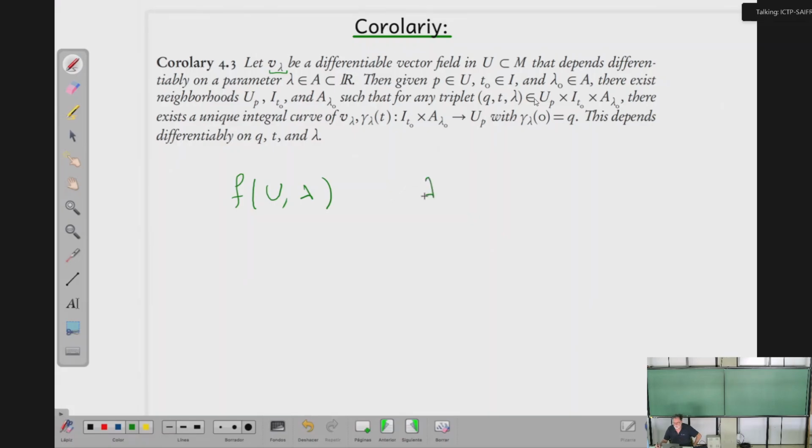And this lambda is in some neighborhood A of R. Of course, we can take Rn, etc., but just one parameter is enough. And then we say, given any, let me change the notation here, let me change this to Y lambda.